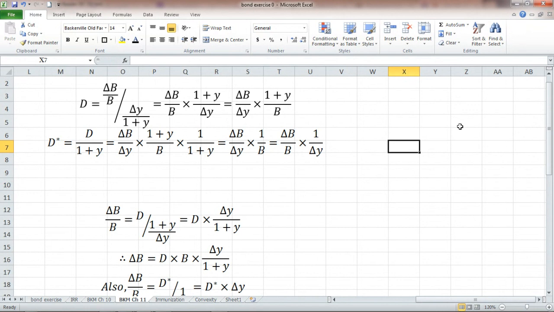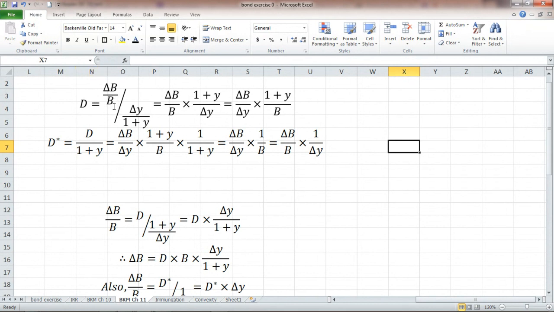In microeconomics, you must have taken microeconomics. If you're all finance majors, you must have taken it. So how sensitively does the demand respond to the change in price? We know that elasticity is basically a negative number, and it is change in price over price.